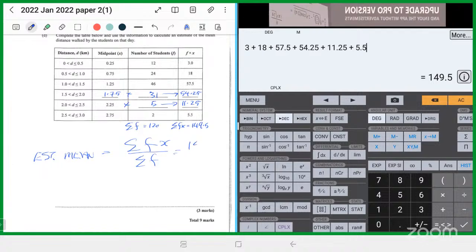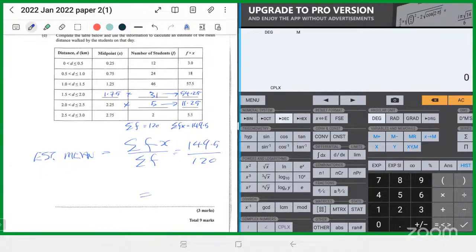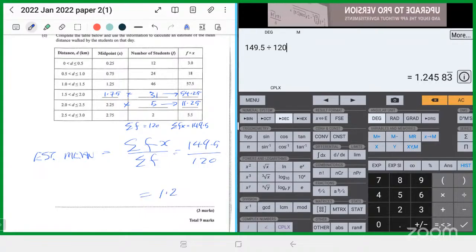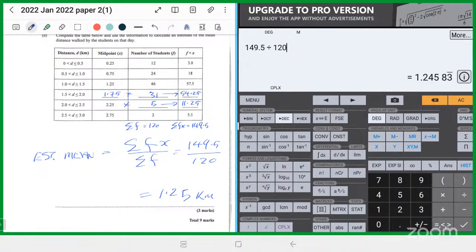So it's 149.5 divided by 120 students. That's 1.25, that's 1.25 kilometers, the average distance walked.